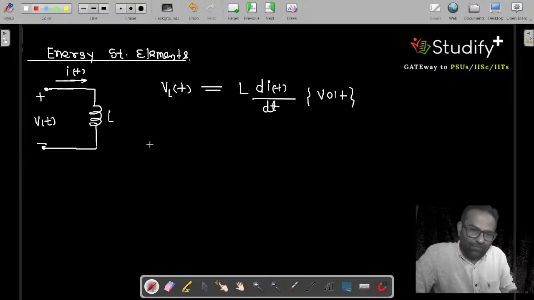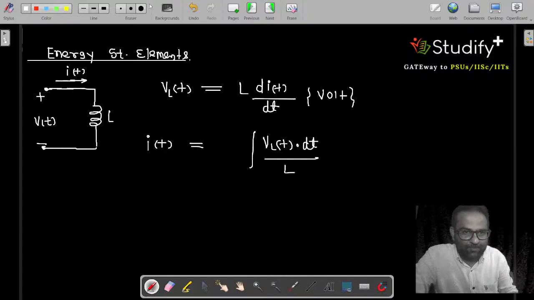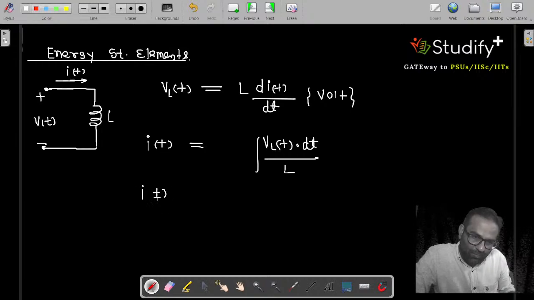Now if I am interested in writing the expression of i(t), can I say you have to multiply dt to the other side? So di = v_L(t) dt divided by L, the induced voltage across the inductor. If I integrate this, I will get the value of i(t). The integration has limits from minus infinity to t.